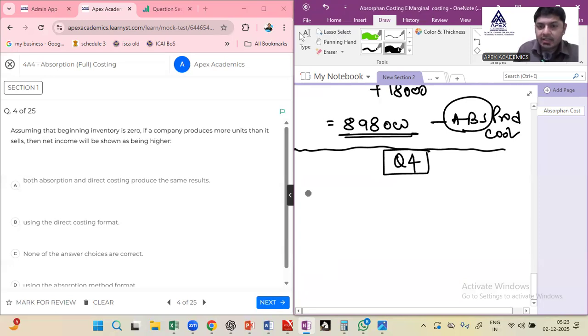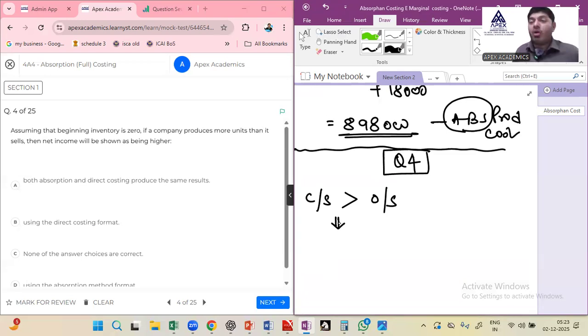When I say that my closing stock is greater than my opening stock, then in this scenario, my profit under absorption costing is certainly going to be more than my profit under marginal costing.